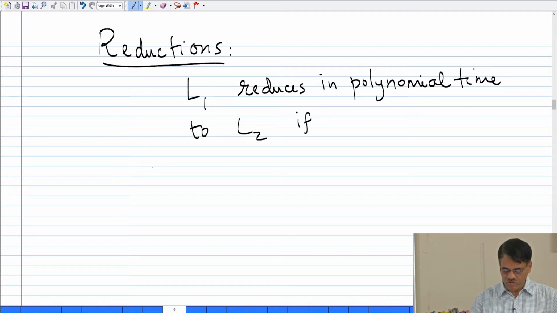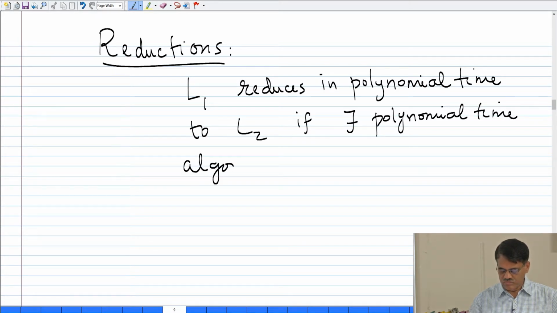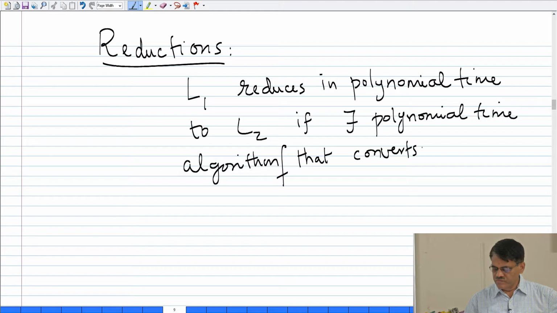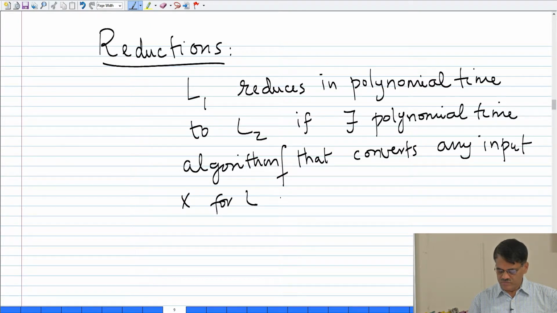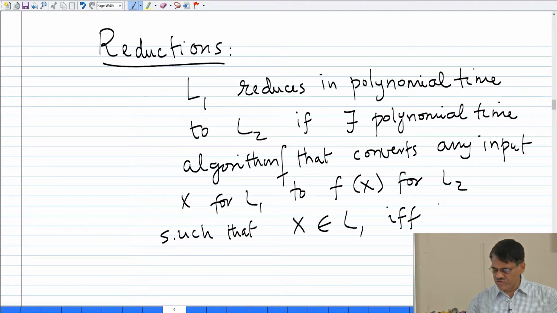If there exists a polynomial time algorithm, let us call this algorithm f, that converts any input x for L1 to f of x for L2, such that x is in L1 if and only if f of x is in L2.